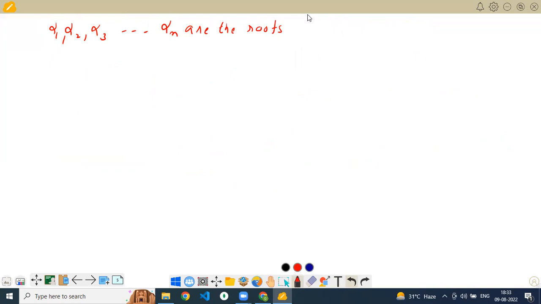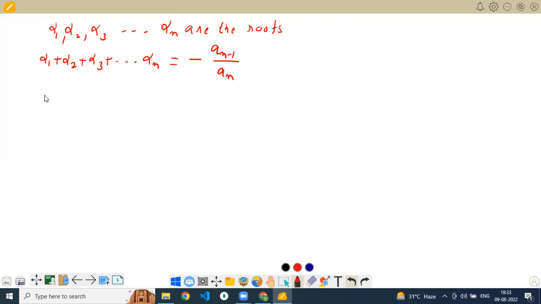I am not worried about it. Then we simply say that the sum of the roots, alpha 1 plus alpha 2 plus alpha 3 plus ... plus alpha n, is equal to minus a_(n-1) divided by a_n.